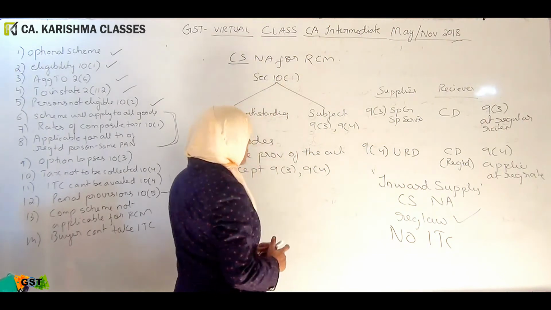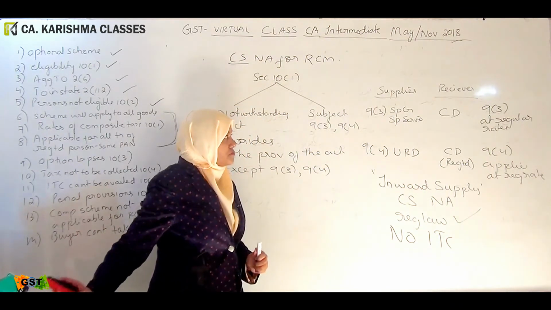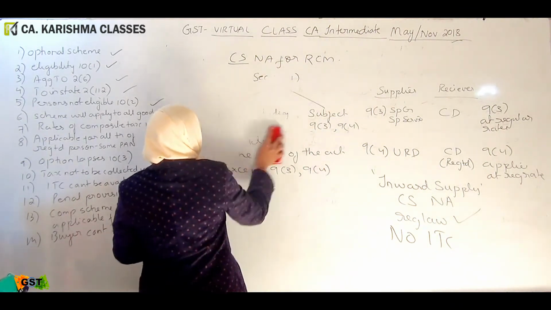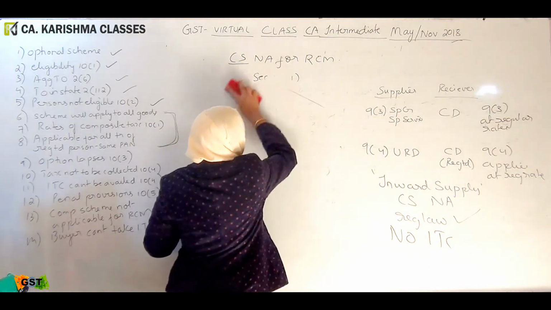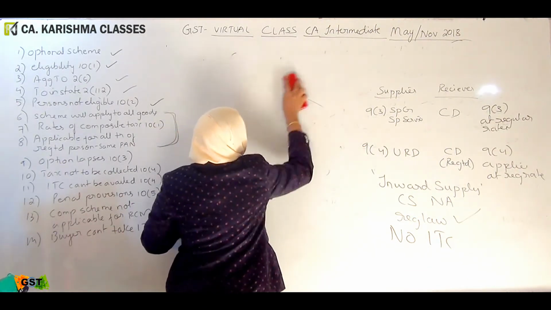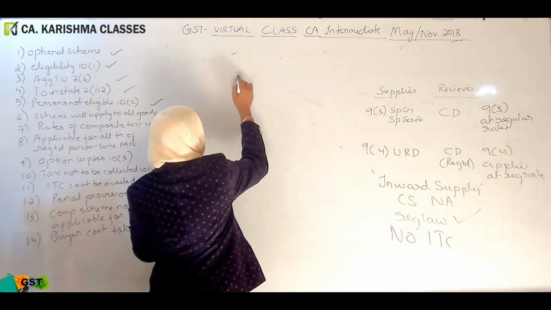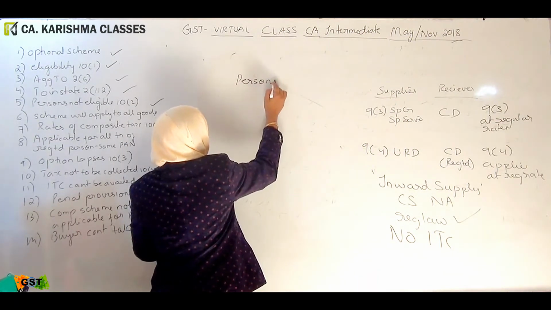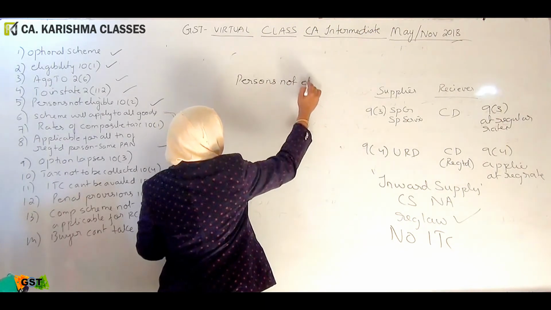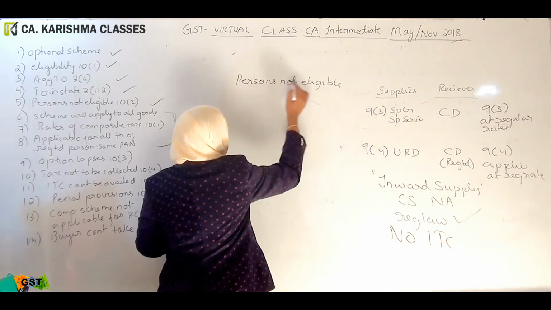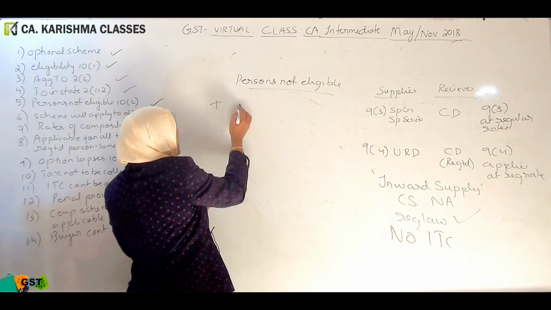One additional point we have to refer to. Persons not eligible: here we are adding one additional point.